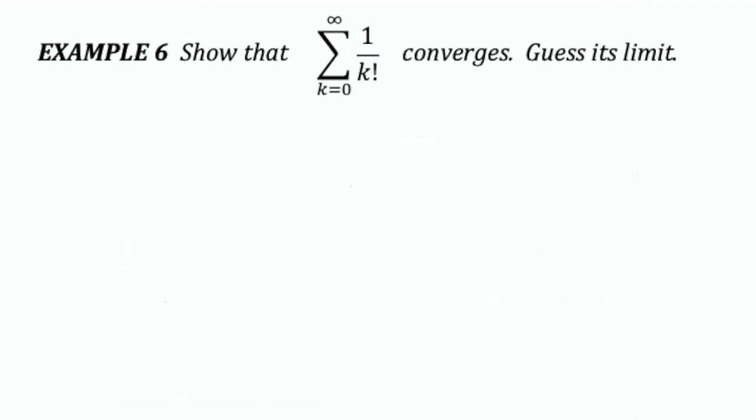The first example says show that the series, k equals 0 to infinity of 1 over k factorial, converges. Guess its limit. Because we see the k value in a factorial, that should cue you to think, maybe this is the ratio test. So we have to verify that all our a sub k terms, which are based on 1 over k factorial, are greater than 0 for all k values.